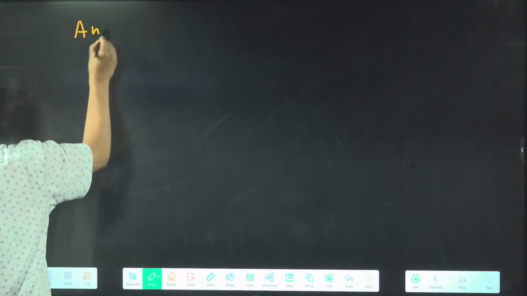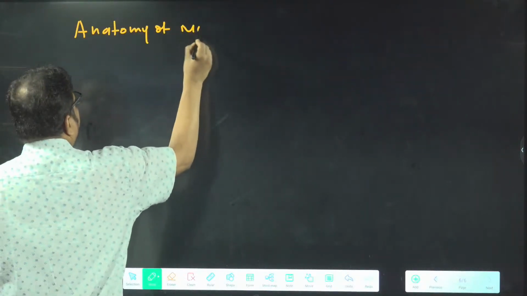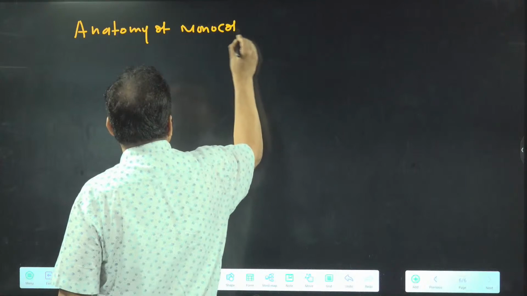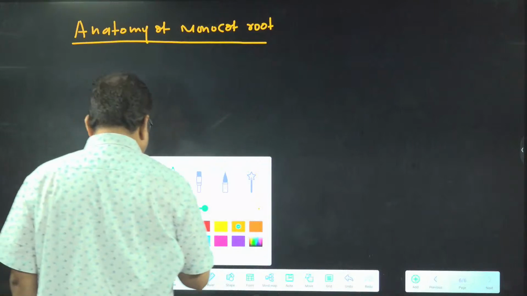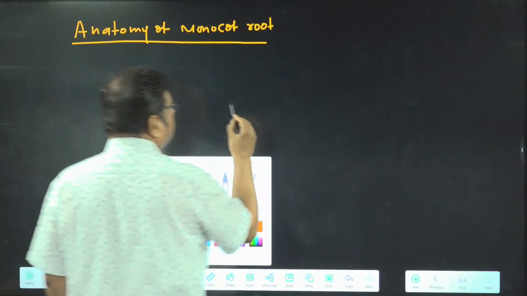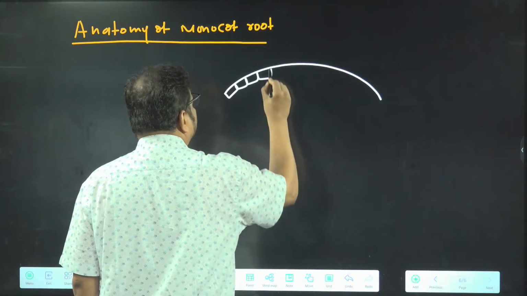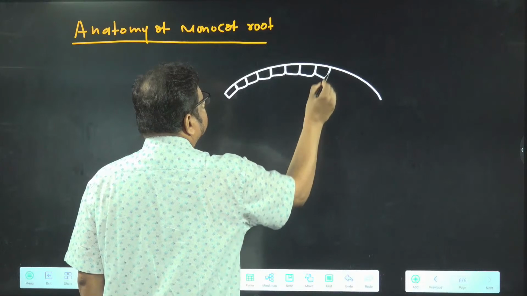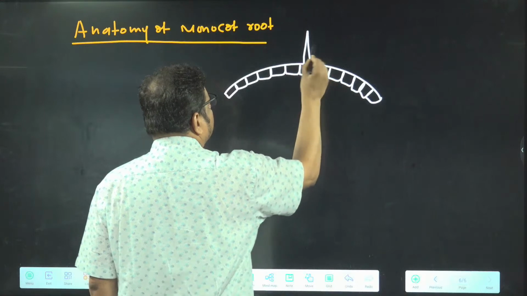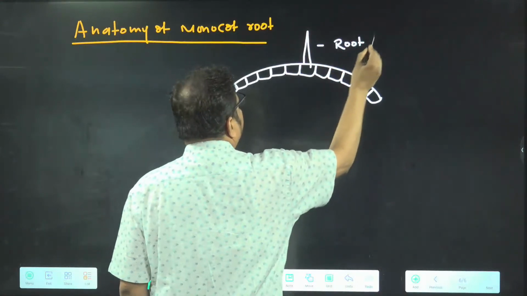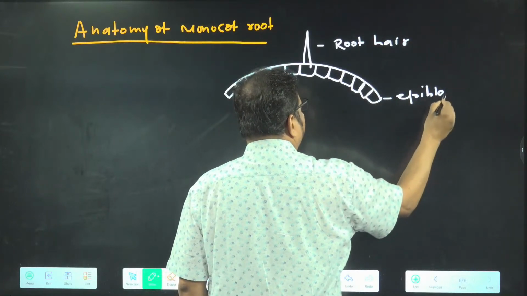So anatomy of monocot root. See, I am drawing here epidermis or epiblema. Here unicellular root hair, simply writing the name, root hair, epiblema.